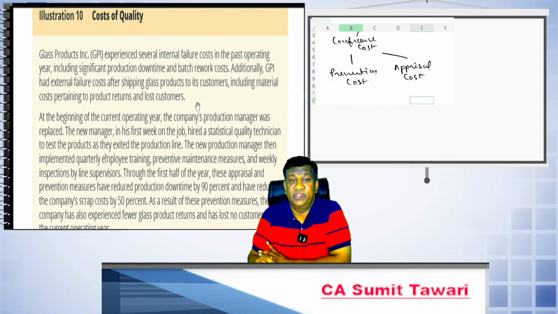At the beginning of the current operating year, the company's production manager was replaced. The new manager, in his first week on the job, hired a statistical quality technician to test the product as it exited the product line.